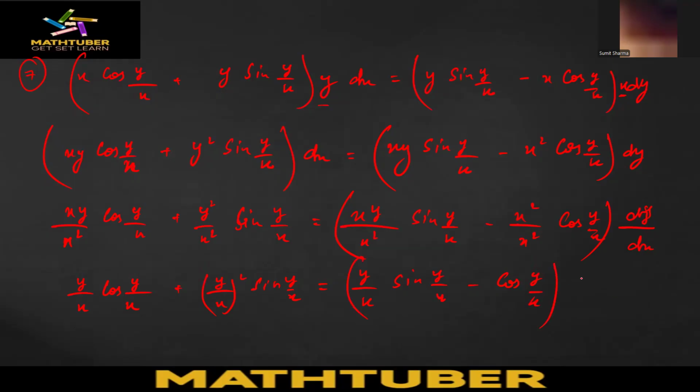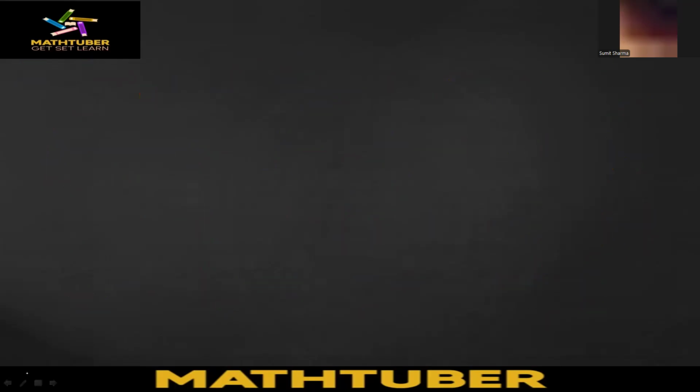And now we will put this y by x as v. So put y by x equal to v, y is equal to vx, then dy by dx is equal to v plus x dv by dx.